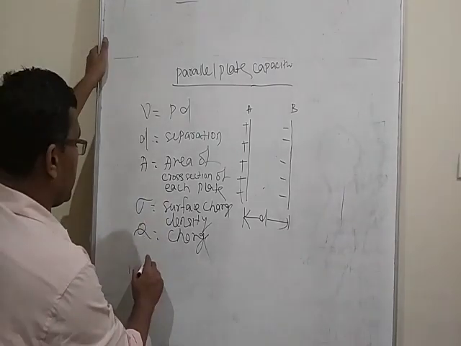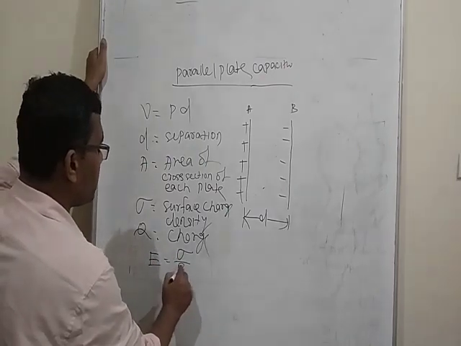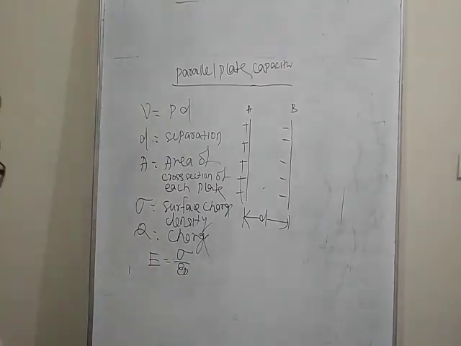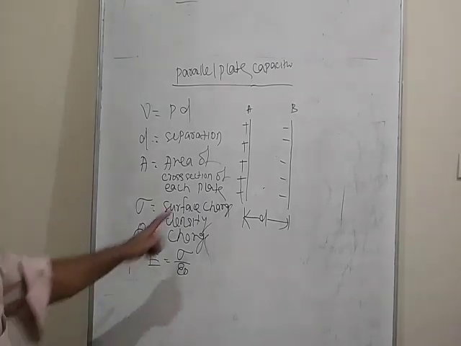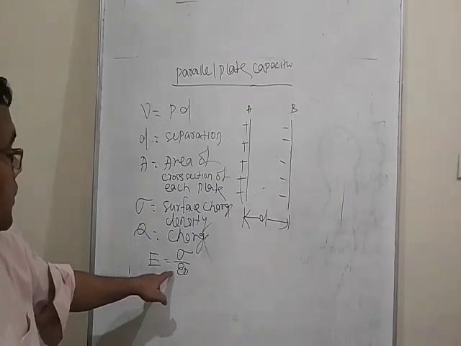So the electric field in between the two plates is sigma by epsilon naught. Electric field between the two plates is sigma by epsilon naught.